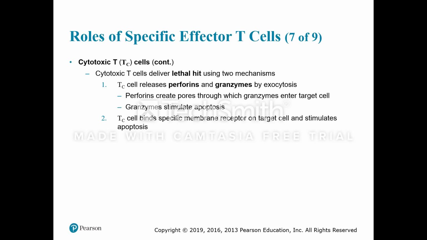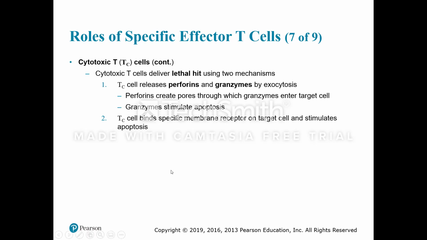Your cytotoxic T cells actually do it in this manner. This is a really complex explanation, but in a nutshell, they poke a hole in the cell membrane of the bacteria, and then they release perforins and granzymes.